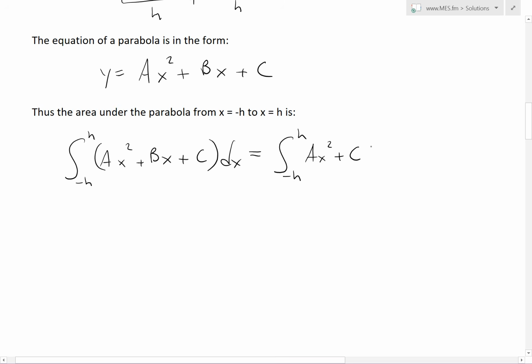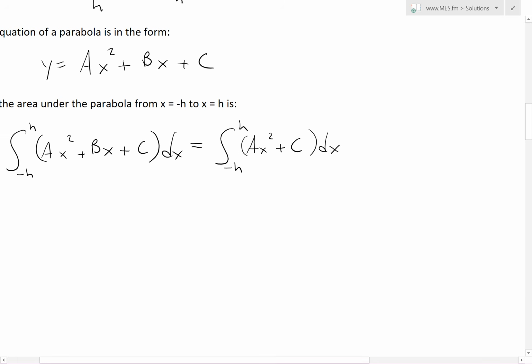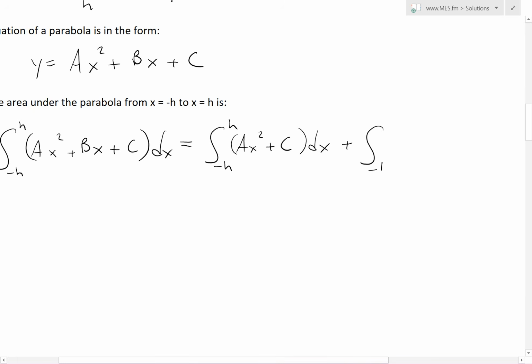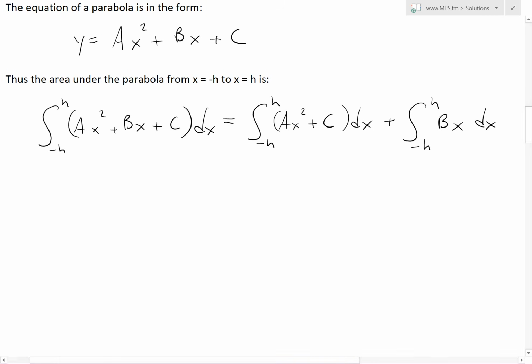I'll explain this in a bit. Then the integral from negative h to h of bx dx. We're just breaking this up separately.